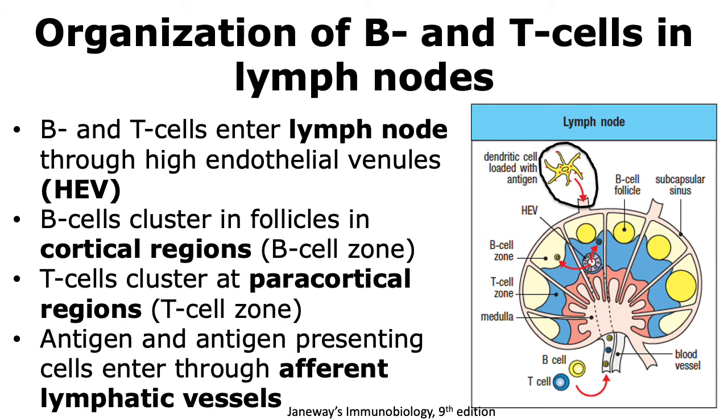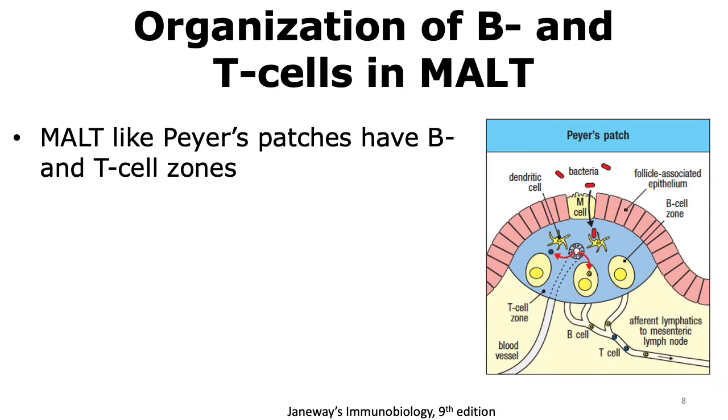Now, we do have antigen and antigen presenting cells that have to come to the lymph node to display these different antigens to the B and T cells, and they are able to enter the lymph node through the afferent lymphatic vessels. So the naive B and T cells enter through the blood through the high endothelial venules, whereas the antigens and antigen presenting cells like dendritic cells are entering the lymph node through the lymphatic vessels.